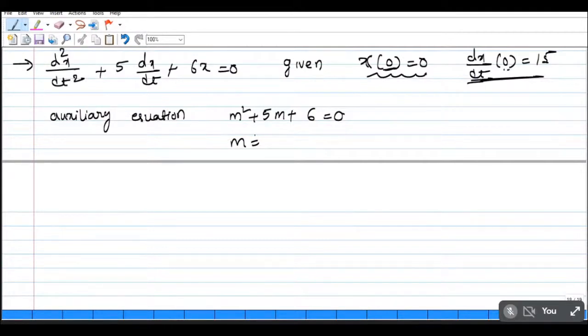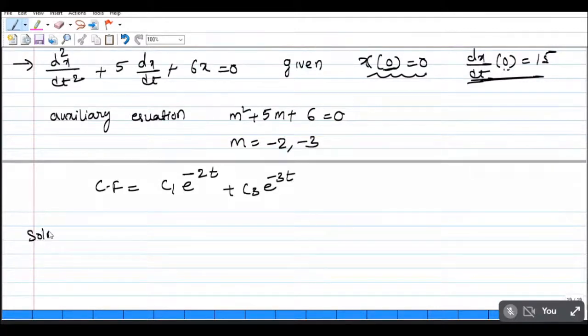Minus 2, minus 3. Therefore, complementary function equal to C1 e power minus 2t plus C2 e power minus 3t. Therefore, solution is x equal to C1 e power minus 2t plus C2 e power minus 3t. This is the solution, but we have to find constants by using given conditions.